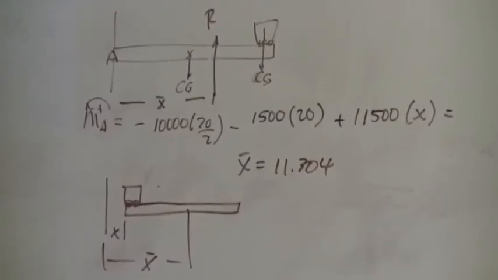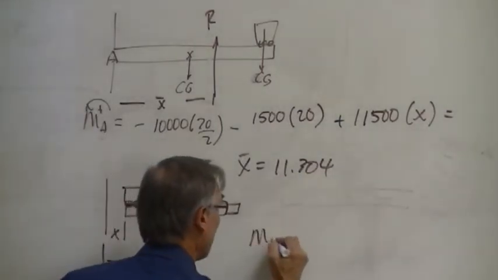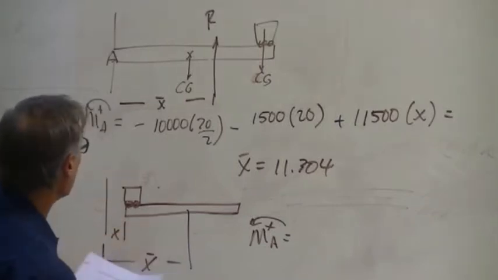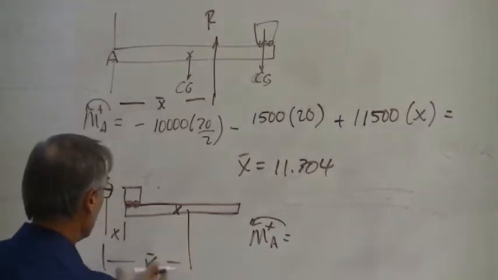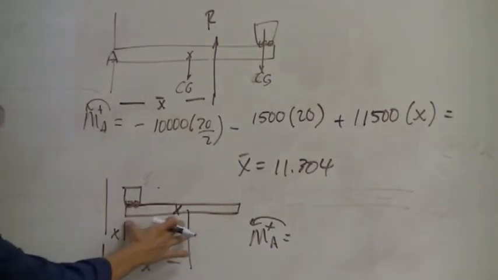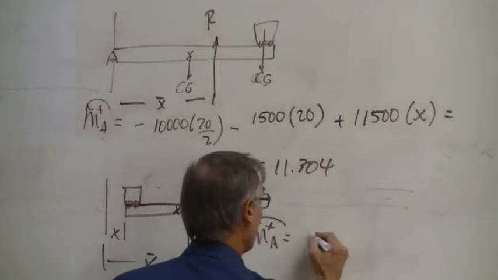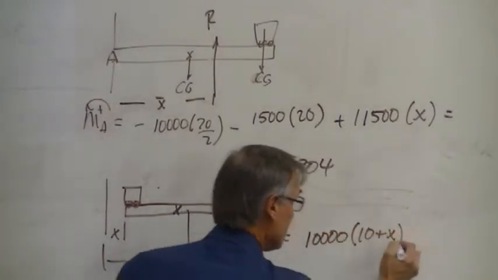All right. So let's just calculate how far the barge moved. So I'll do another moment equation. Moment about A is equal to, well, now the barge center of gravity has moved: 10 plus x.